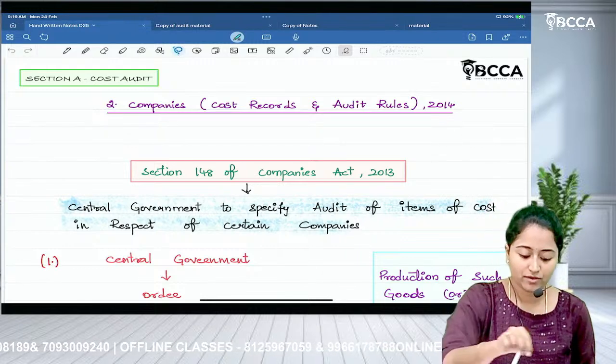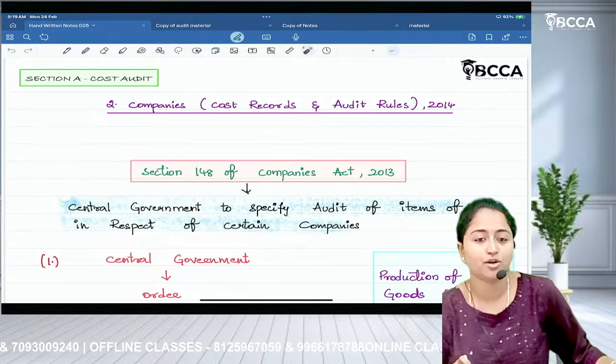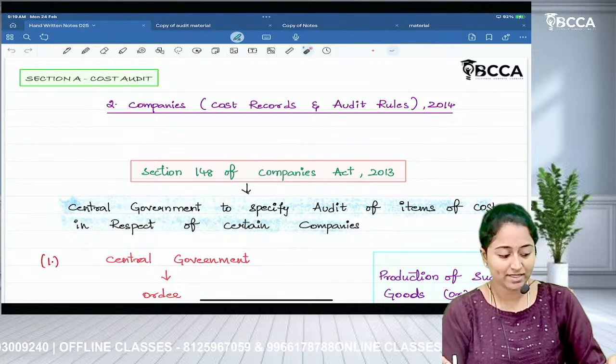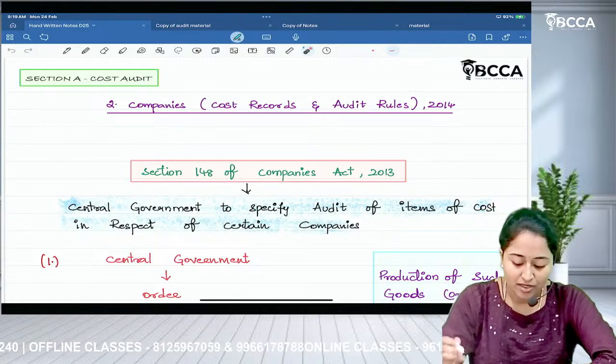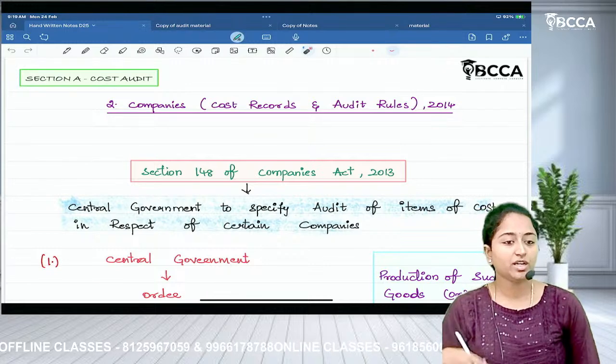So today we are going to start with our next concept, which is Companies Cost Records and Audit Rules 2014. Now, in this concept we have certain rules for companies which are given in the Companies Act.